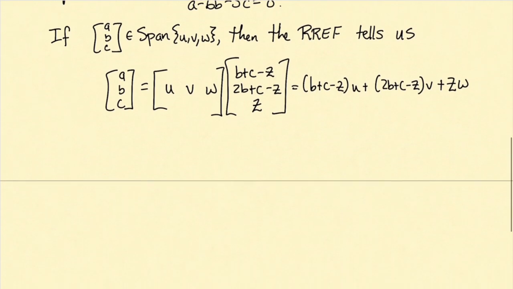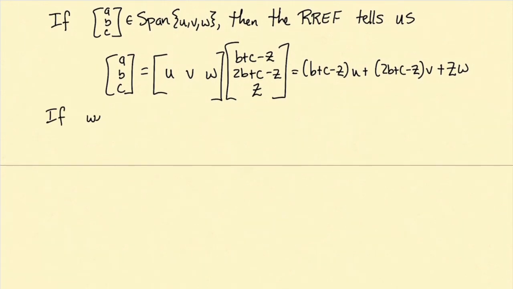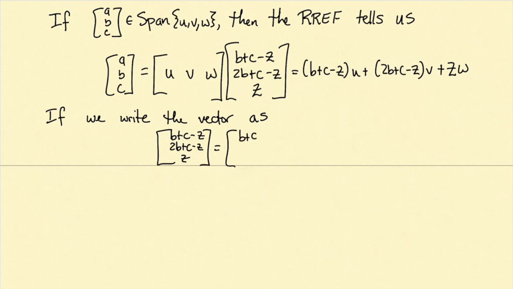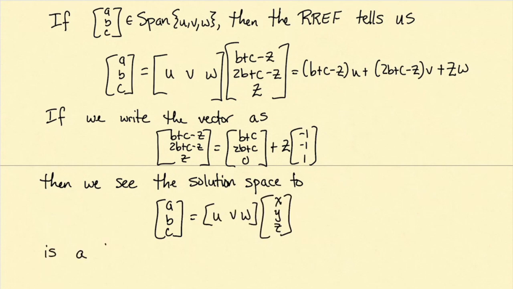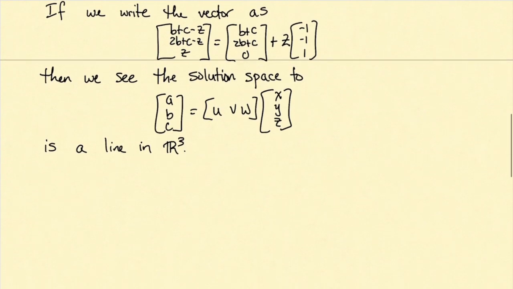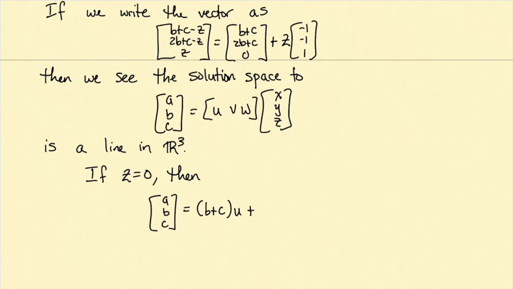In particular, if we break this vector into two vectors, we can actually see that it forms an entire line of solutions. However, we can make one interesting choice here for the variable z. If we let z be 0, then we get the following.